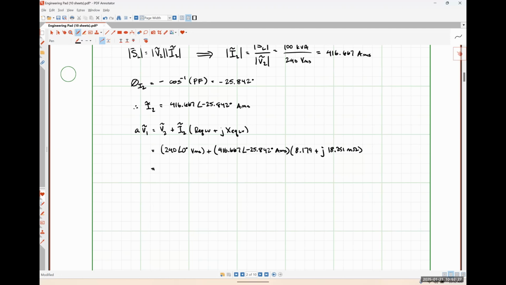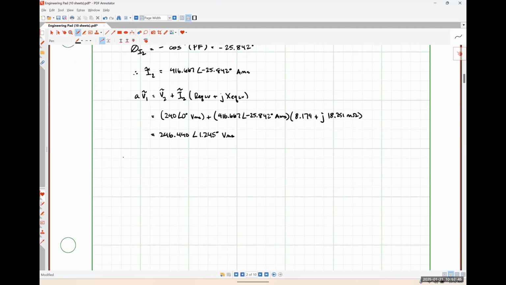And this comes out to be 246.440 with an angle of positive 1.245 degrees volts RMS.